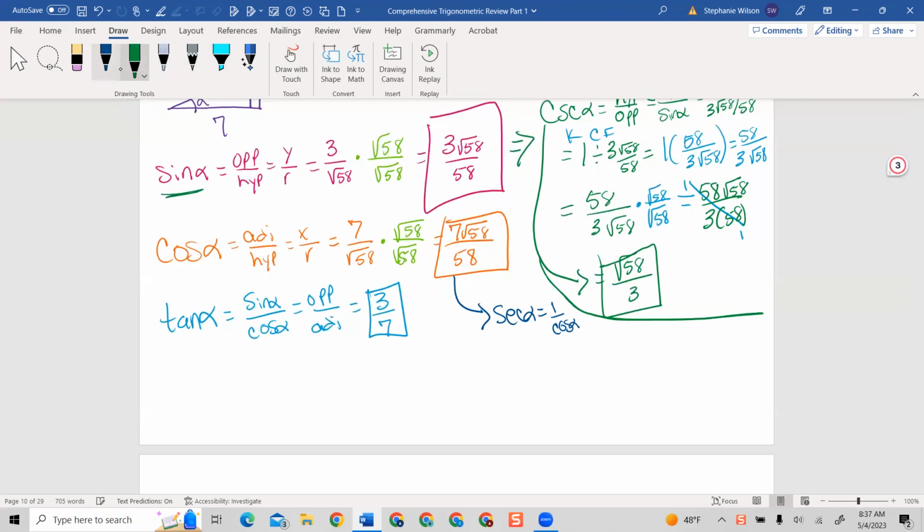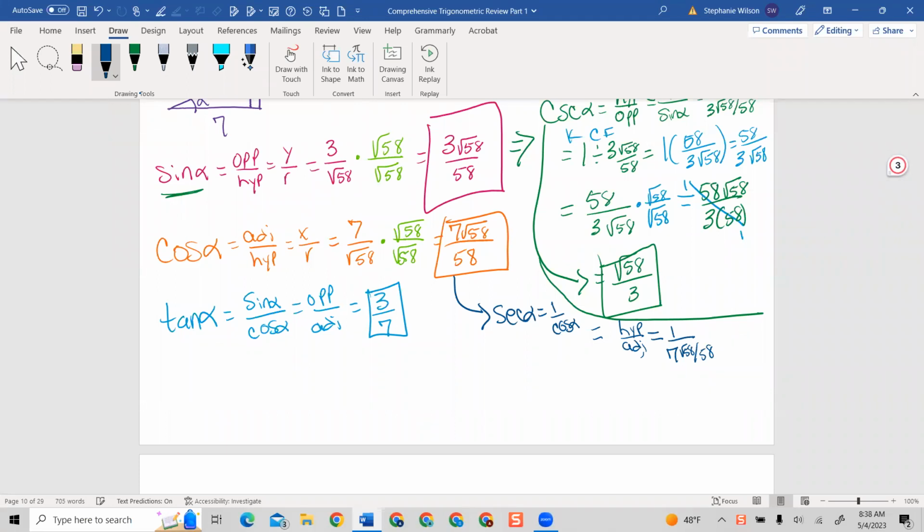Let's split the page. Which is also seen as hypotenuse over adjacent. But I'm going to stick with what we've been doing. It's going to be 1 over my 7 square root of 58 divided by 58.